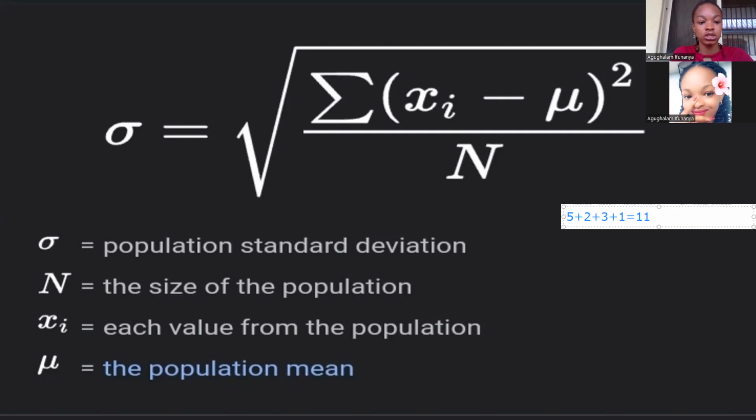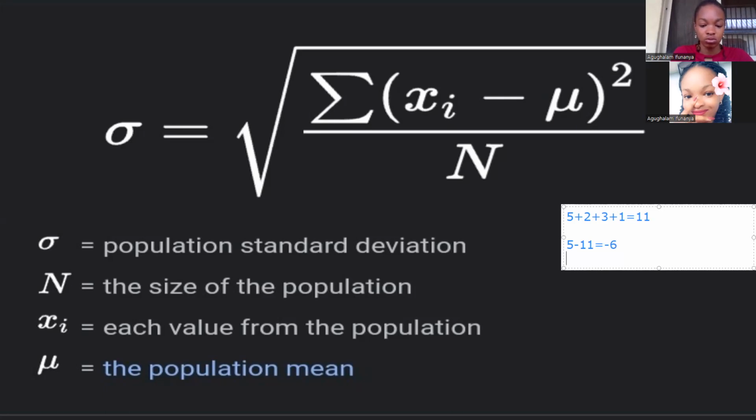So now to get the xi, which is each value from the population, you say 5 minus 11, which is minus 6, I guess. I'm not sure, my math is not that good. 2 minus 11 is minus 9.